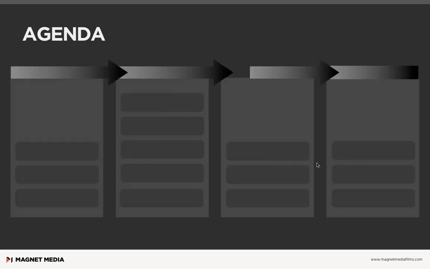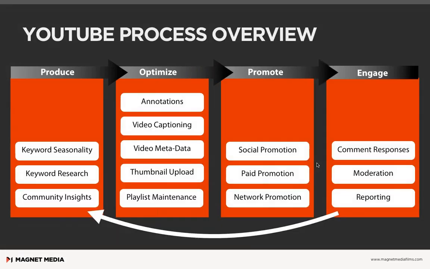So that leaves us with, where do success metrics and engagement fall in the larger picture of managing a YouTube channel? Here is our overall YouTube process overview here at Magnet Media, which really spans everything from the production of the video all the way down to the engagement side.